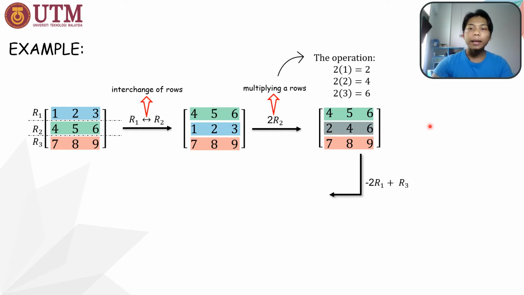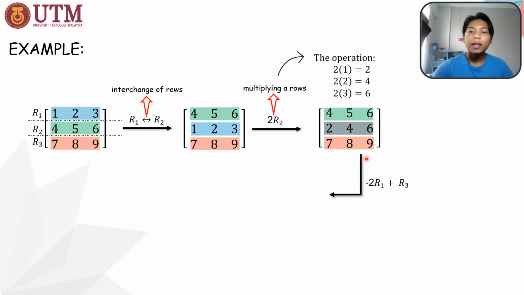Now I will do the operation of adding a multiple of a row to another row. Remember, this operation has a meaning: when I put R3 on the back, I want to change row 3. When I put R1 on the front, that means I want to use row 1 to change row 3.